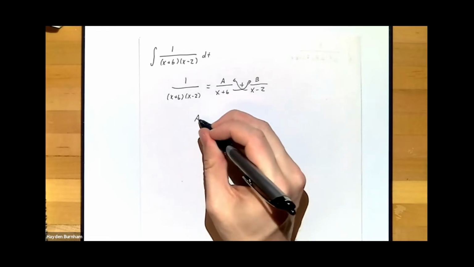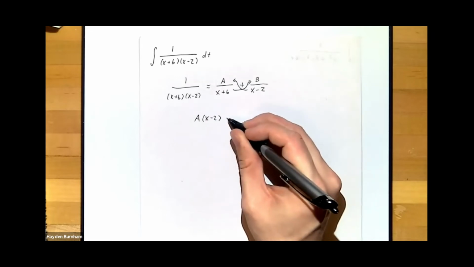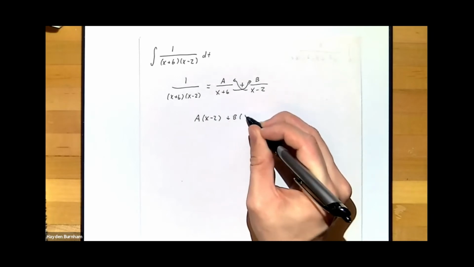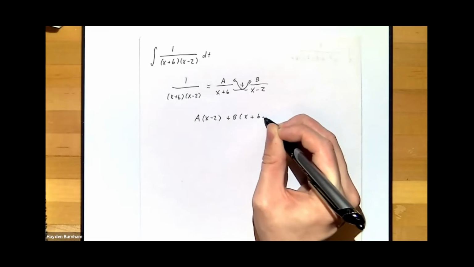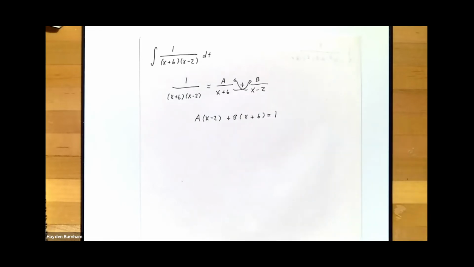So that would be A times (x minus 2) plus B times (x plus 6) equals 1. Okay.